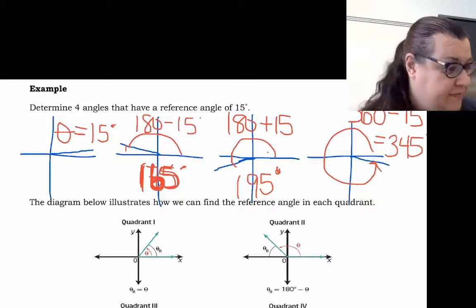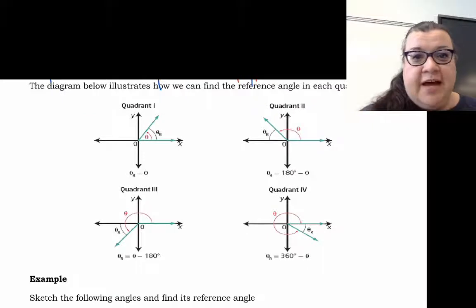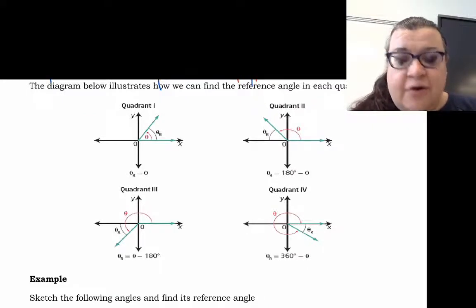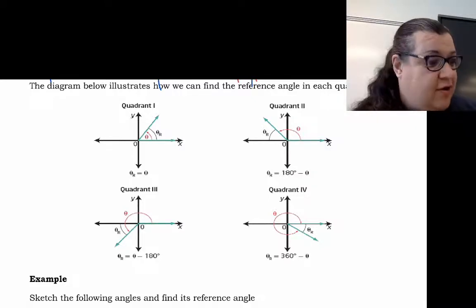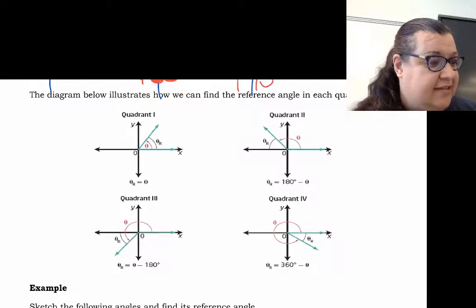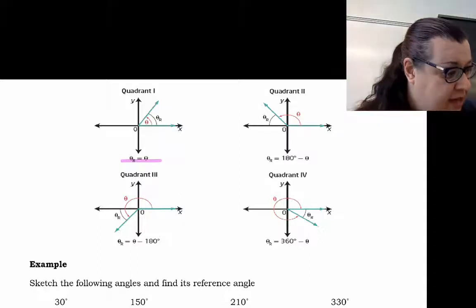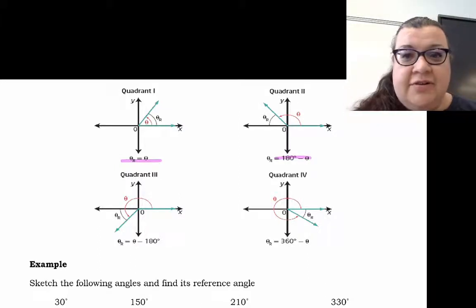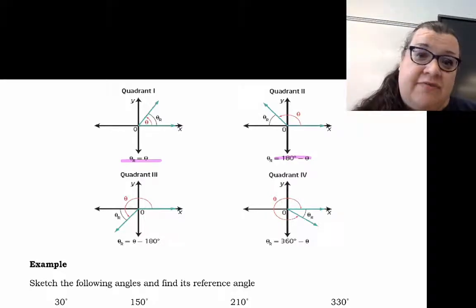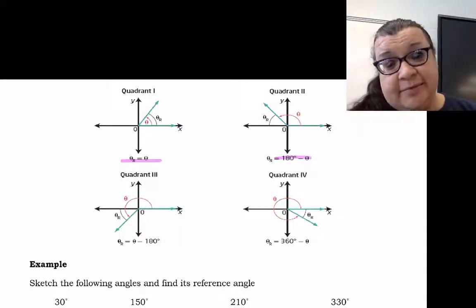Okay. So what we have next is simply that summary of, okay, this is how you find the principal angle for the 4 quadrants. In quadrant 1, reference angle and principal angle are the same thing. In quadrant 2, it's 180 degrees minus the reference angle, or conversely, the reference angle is 180 degrees minus the principal.